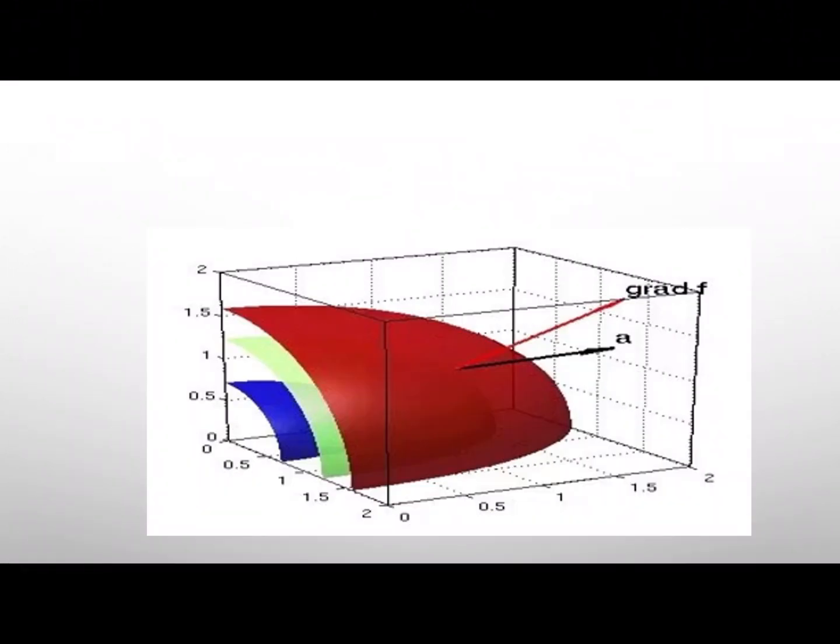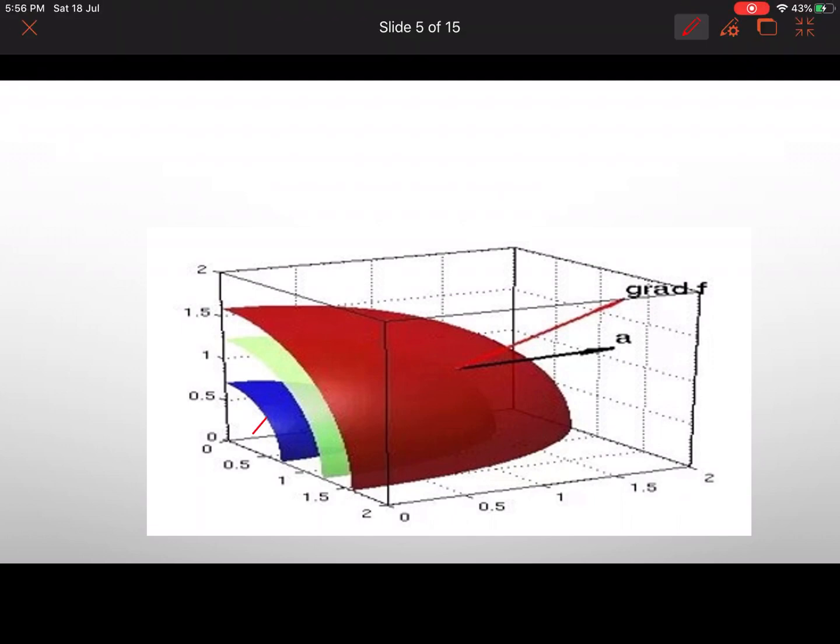So this is gradient. What does it mean? In this direction, this is the vector a bar, and this red line denotes del f. f is a scalar function. So this f is changing in this direction, so different values, different colors. f is a function, and this f function is changing.